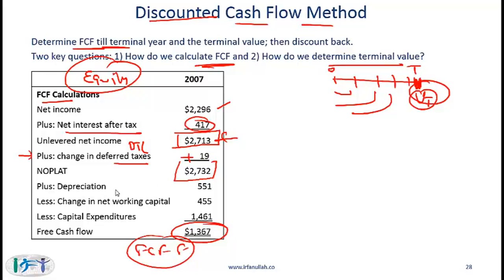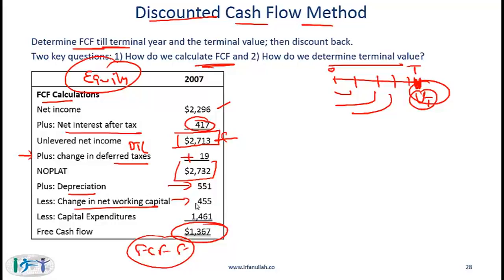Then you add non-cash charges, and in the particular example discussed in the curriculum, the only non-cash charge is depreciation. Since we are calculating a cash flow, we add back depreciation. Then if there is a net working capital investment, which is calculated by coming up with the change in net working capital, current assets minus current liabilities, that is given in this particular discussion in the curriculum, that is 455.